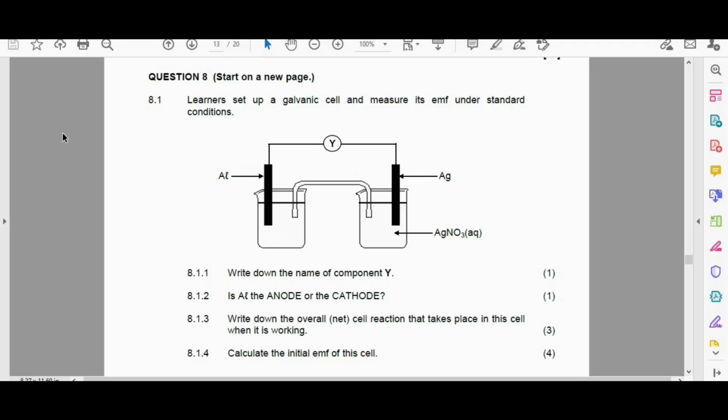Some exams might be a little onnodig, unnecessary, by asking you to further explain for 2 marks the function of a salt bridge and not 1. Because 1 mark is completes the circuit, but 2 marks is it completes the circuit by allowing electrons to flow from anode to cathode or cathode to anode or between the 2 electrodes.